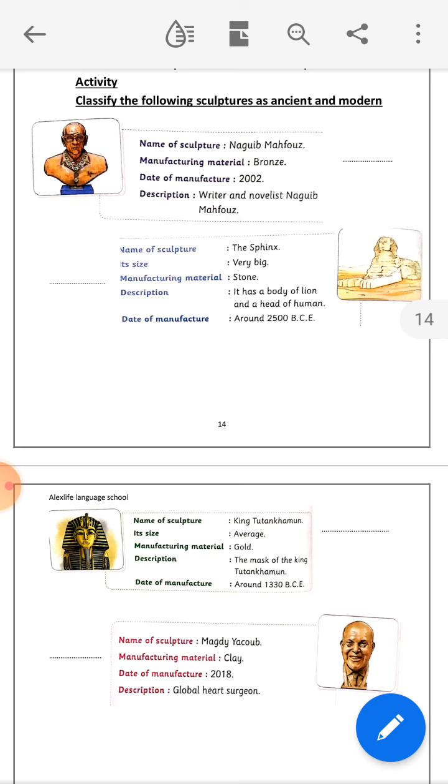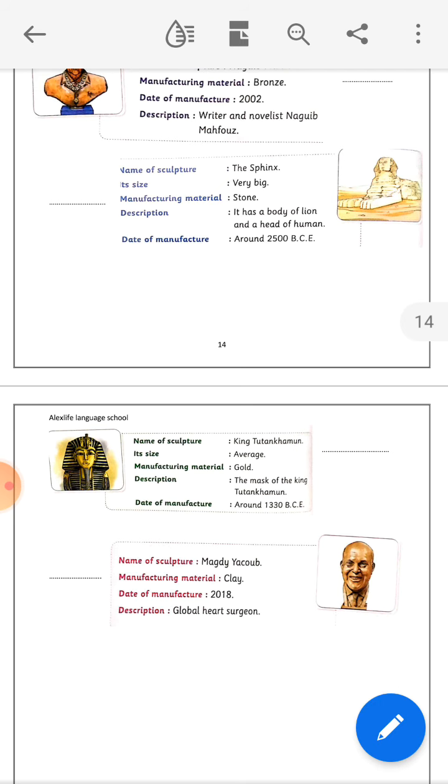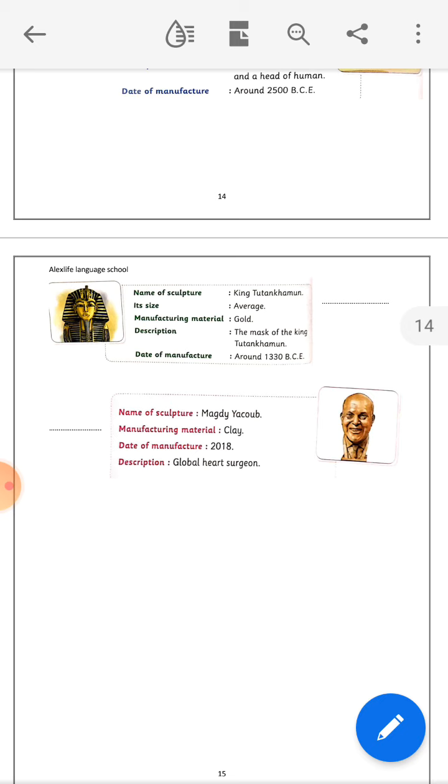So this sculpture was made before Christian birth by 2500 years. So what do you expect? Is it a modern sculpture or an old sculpture? Old sculpture.